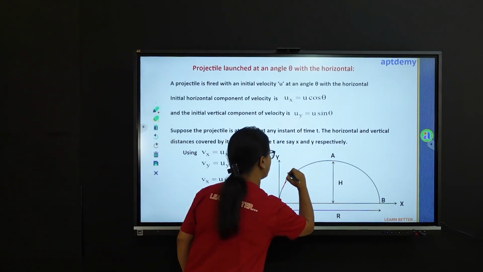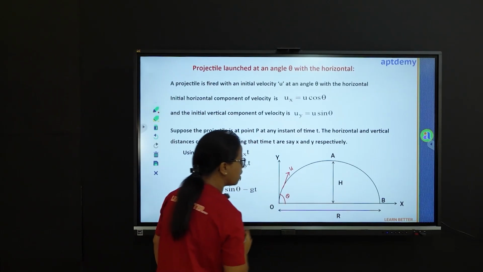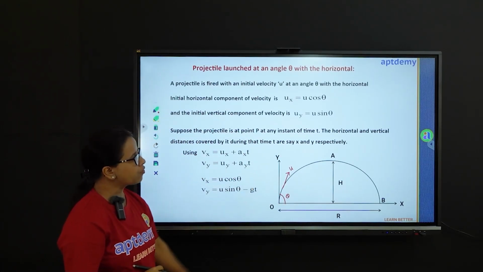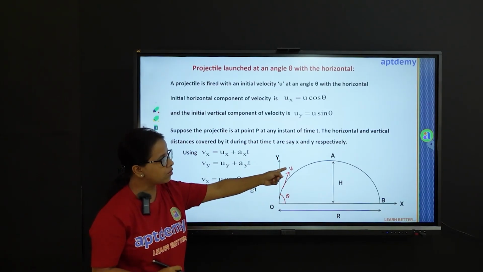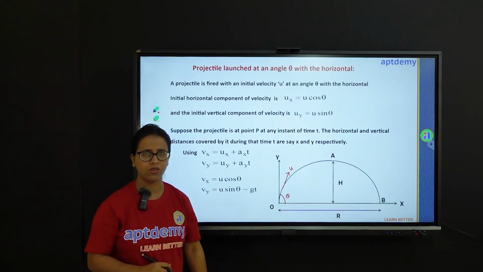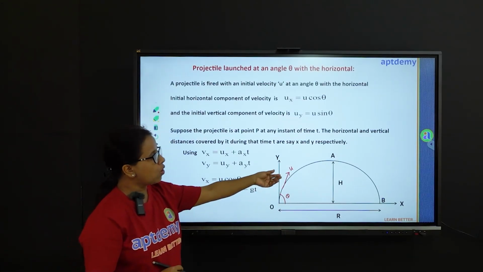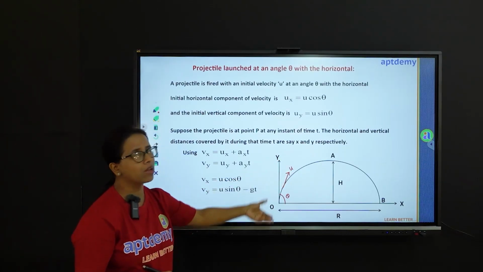So this is u and this is theta. As you can see from the diagram, the projectile is fired with a certain initial velocity at a certain angle with the horizontal.